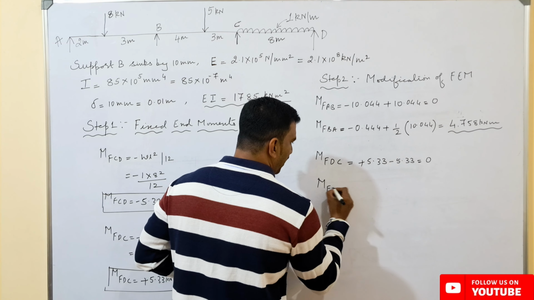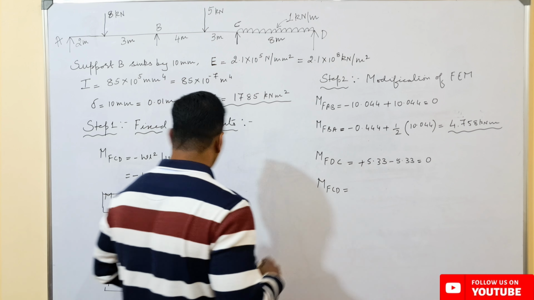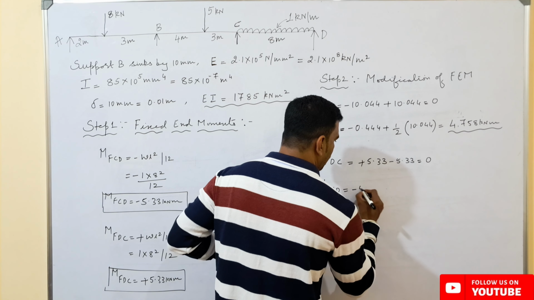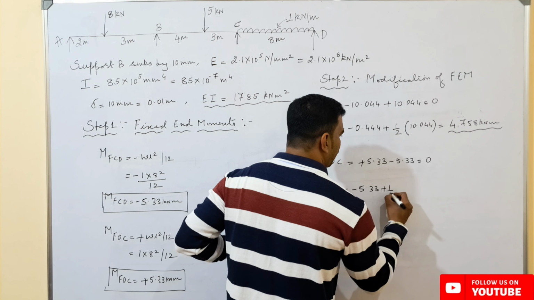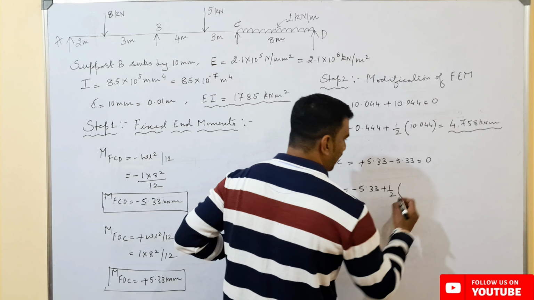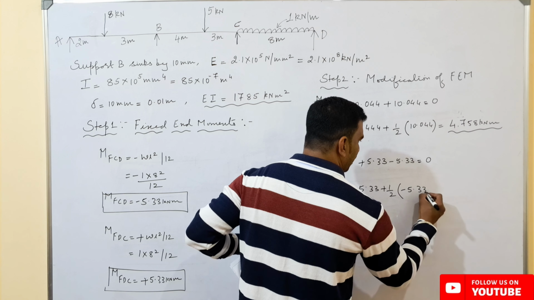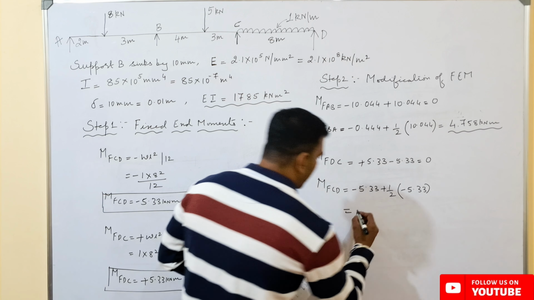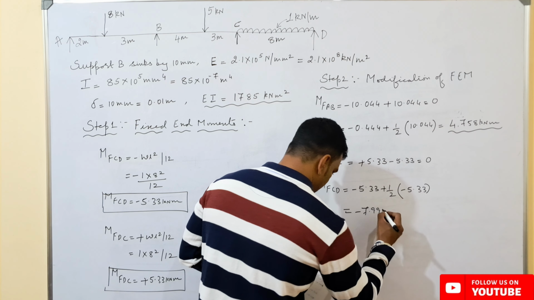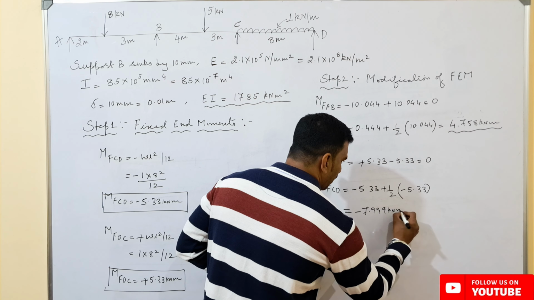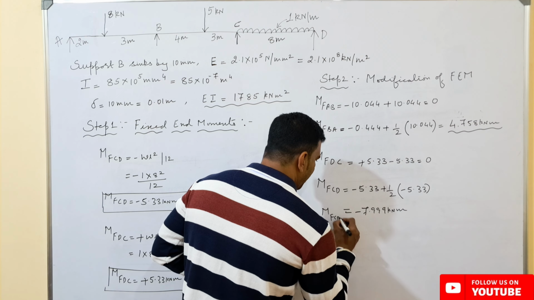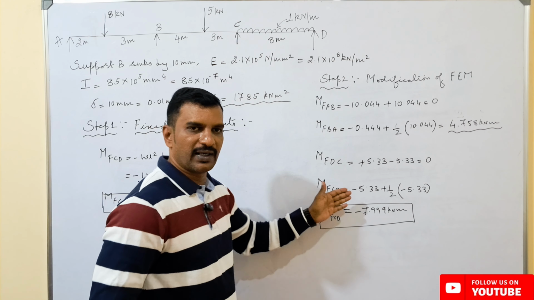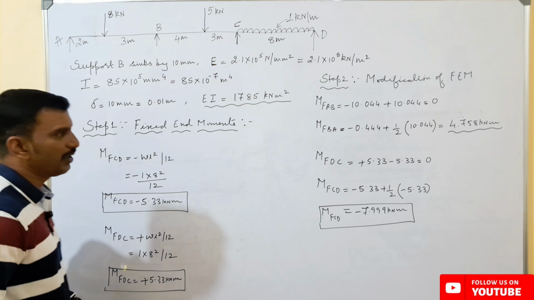So the fixed end moment from C to D is minus 5.33, plus half the value of the additional moment we have considered, which is minus 5.33. So the value will be equal to minus 7.999 kilonewton meters. This is the modified fixed end moment from point C to D. So these values we need to consider whenever we are calculating the final end moments.